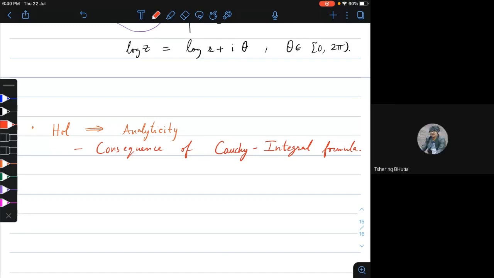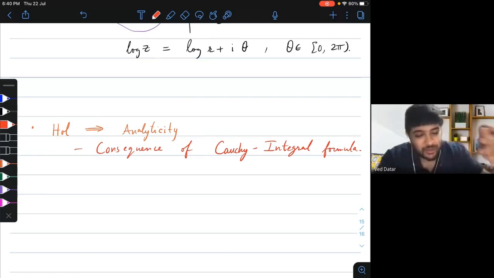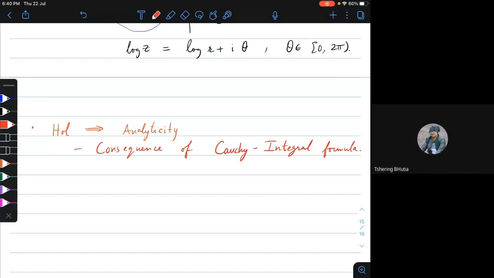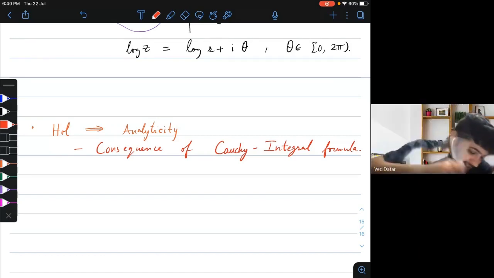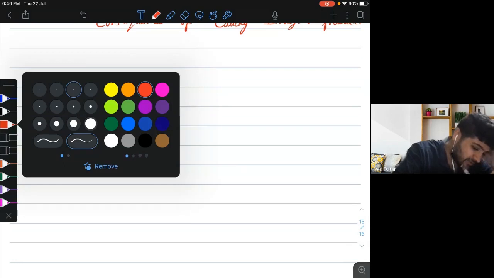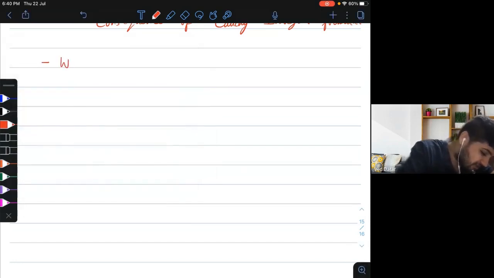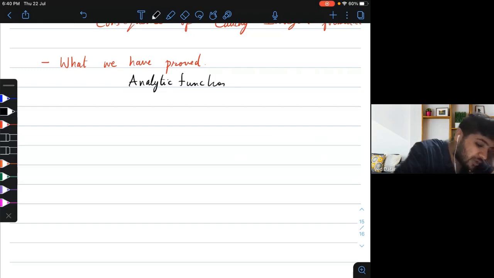Sir, yesterday you were talking about the difference between holomorphism and analyticity. I did not get that point. Can you explain it again? So here's what we have proved. What is an analytic function?